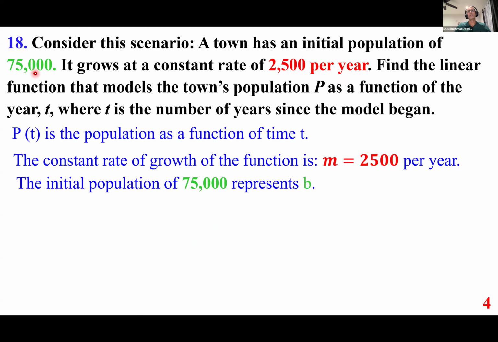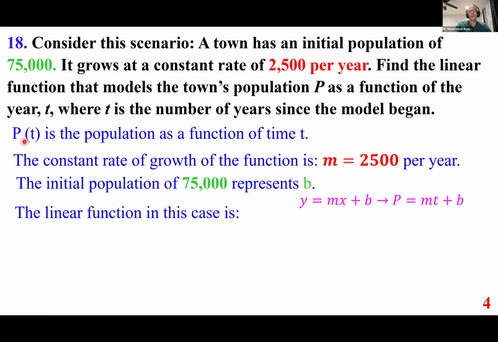The initial population of 75,000, that is the fixed number, which happened to represent the b, the y-intercept, now because we're going to go with P of t, it is the P-intercept. The linear function, y equals mx plus b, then becomes P equals mt plus b because the variable is t. So 2,500t plus 75,000.